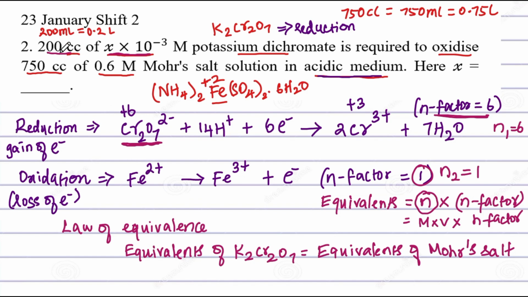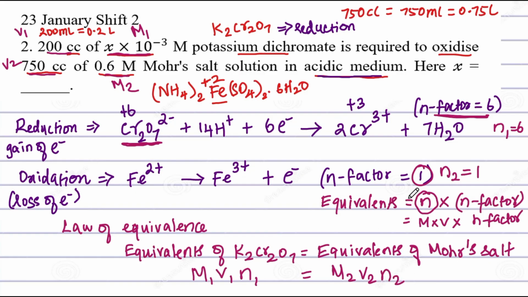Let us keep the volume of potassium dichromate as V1 and the molarity as M1. Volume of Mohr salt is V2, molarity of Mohr salt is M2. So equivalence of K2Cr2O7 is M1, V1, N1, where N1 refers to the n factor. This is equal to M2, V2, N2.